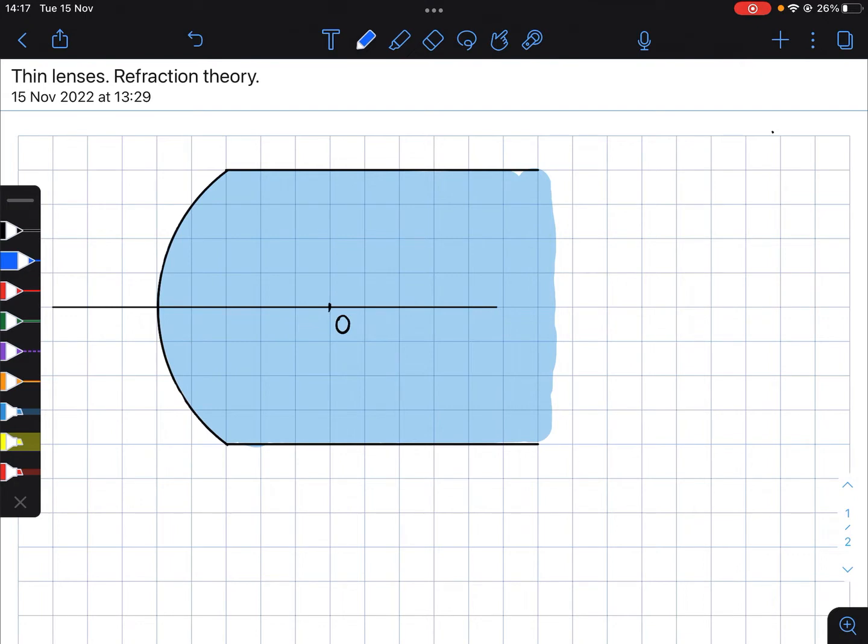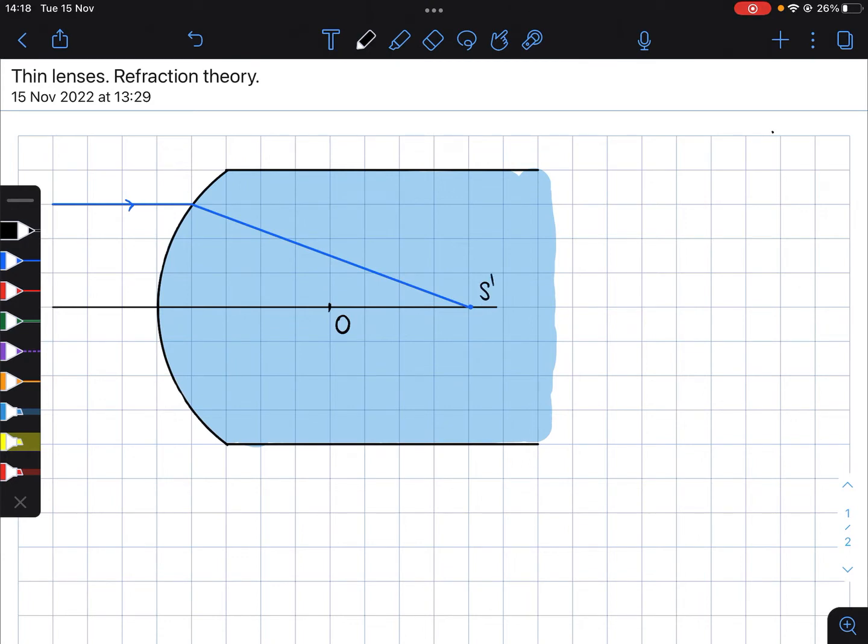For example, light hits this point of the surface and after refracting it will change its direction. For example, it will be somewhere here, and let's call this point S prime.